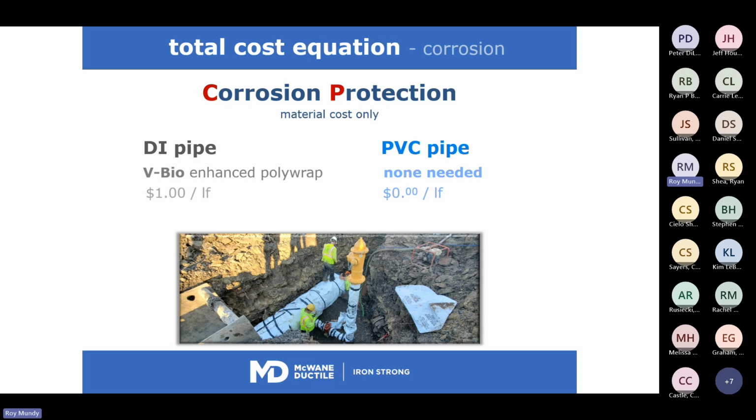Now, to be fair in this mile of analysis, Tom and I agreed that even though he does not protect ductile iron pipe because he doesn't need to from corrosive environments, we decided that we needed to put into the analysis corrosion protection for ductile iron pipe.